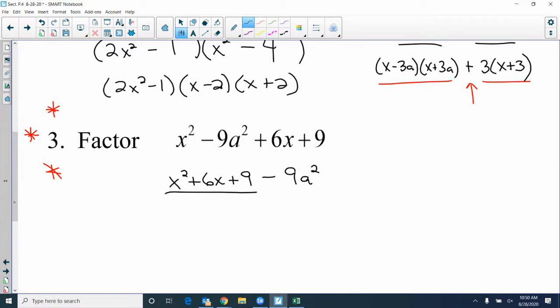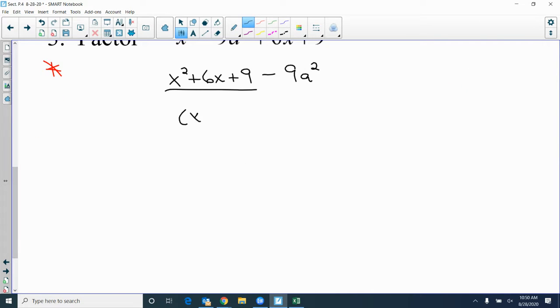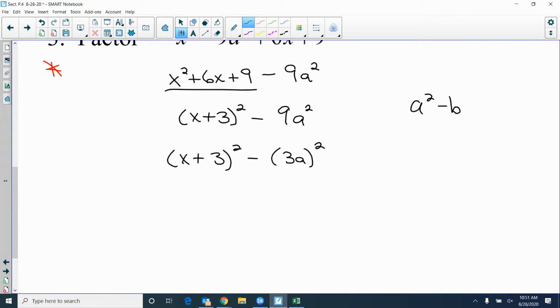So it factors into x plus 3 quantity squared minus 9a squared. And you can think of 9a squared as 3a quantity squared. So here's what you got. You got a squared minus b squared. You got a difference of squares, which factors into a minus b times a plus b.